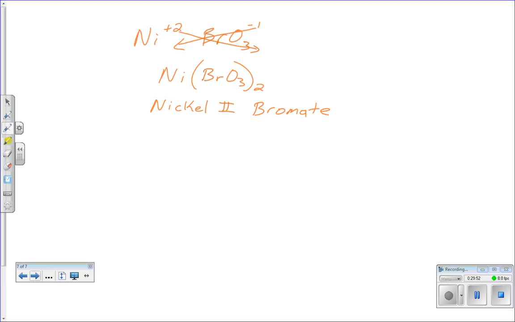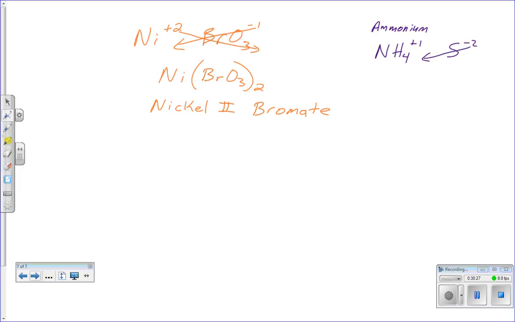Okay? There is one polyatomic ion that has a plus charge, and that is ammonium. NH4 is ammonium. It's a +1. And let's say we put it with sulfur, sulfide, which is a -2 because it's in group 6.